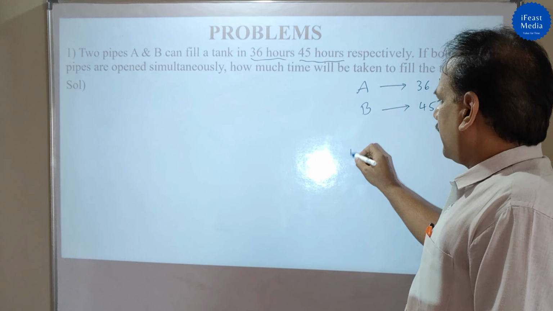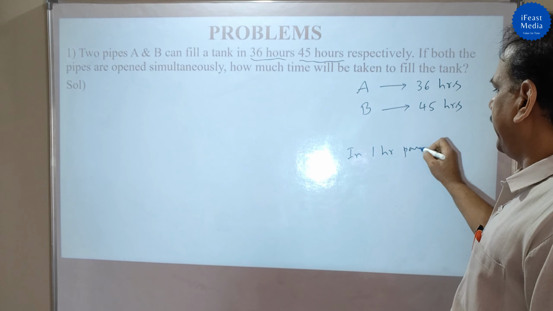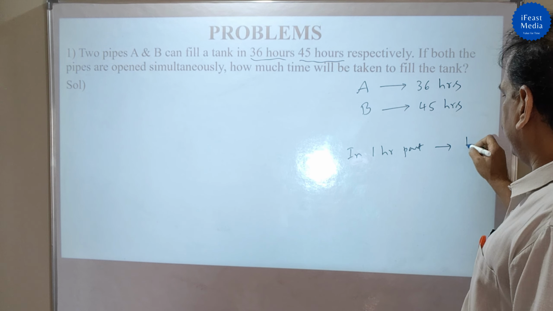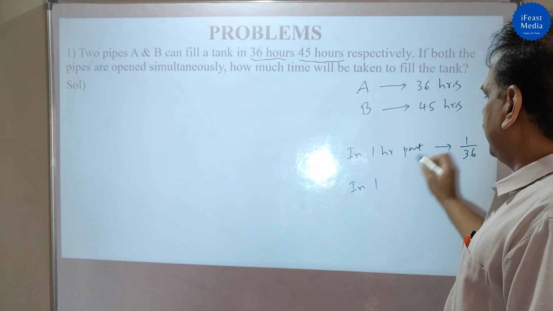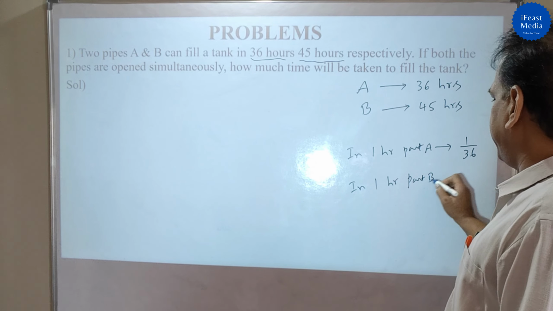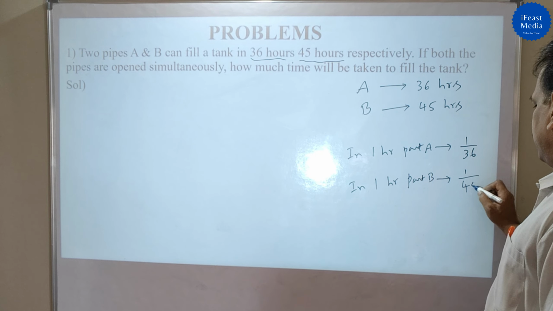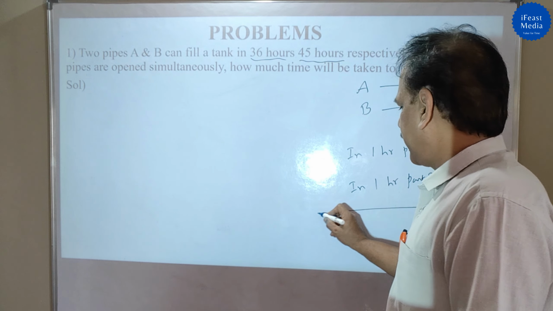So in 1 hour, what is the part filled by A? 1 by 36. In 1 hour, the part filled by tap B is 1 by 45. So this is just like time and work.